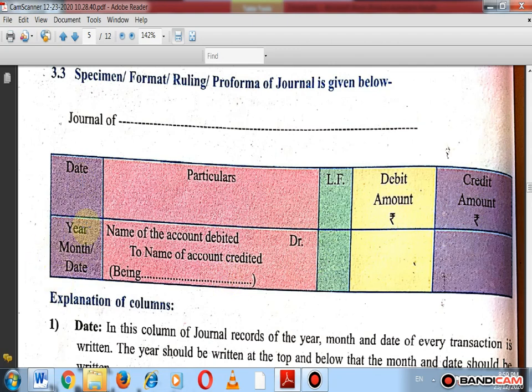In the date column we write the date. In the particulars column we make the journal entries. In the ledger folio column, we write the number of the account given in the ledger folio, so we can easily find this entry in the ledger book, and then the debit amount and credit amount.